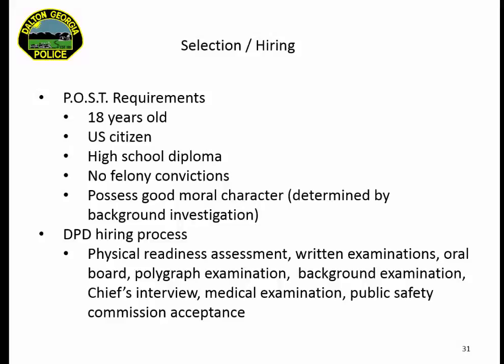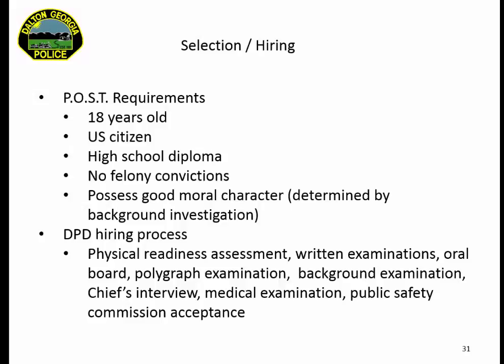If we hire anyone under the age of 21, it's normally when they're about 20 and a half, maybe a little bit older than that, and they'll turn 21 in the academy. But POST requires you to be 18 years of age or older to be a peace officer. U.S. citizen, high school diploma, no felony convictions, and possess good moral character, and that's determined by our background investigation.